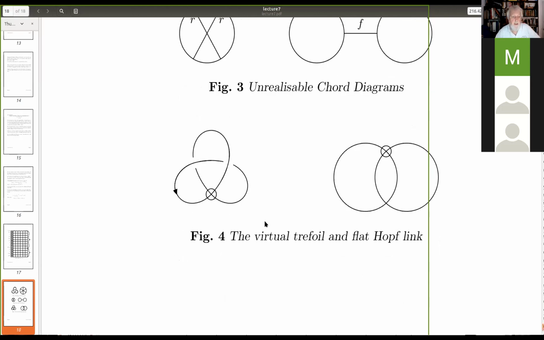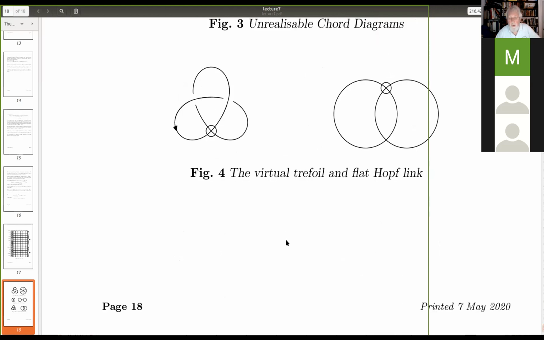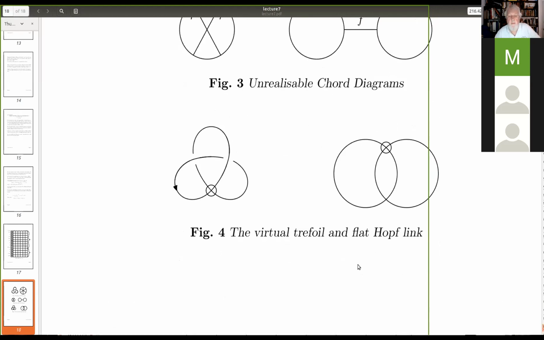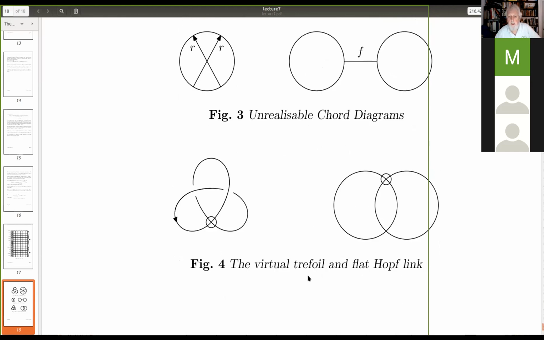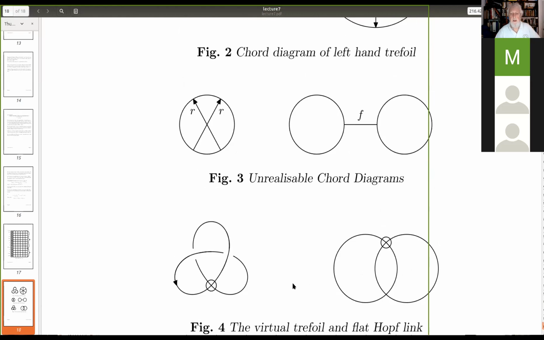So you might say, oh yeah, well, brilliant. You've introduced something just so you can make sure that every chord diagram can be realized, but with virtual crossings, big deal. Well, in fact, and this is a marvelous thing, you can replace this virtual crossing by a little handle on the plane, so that you now have a knot diagram on a surface.